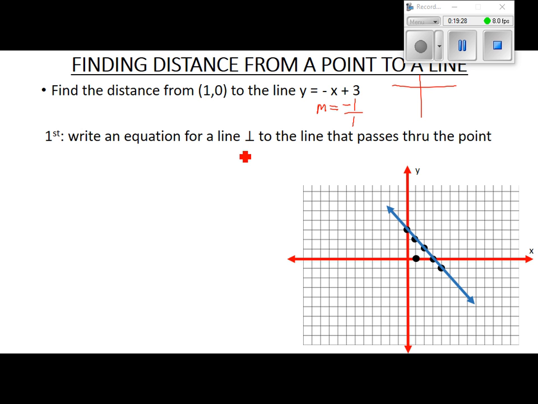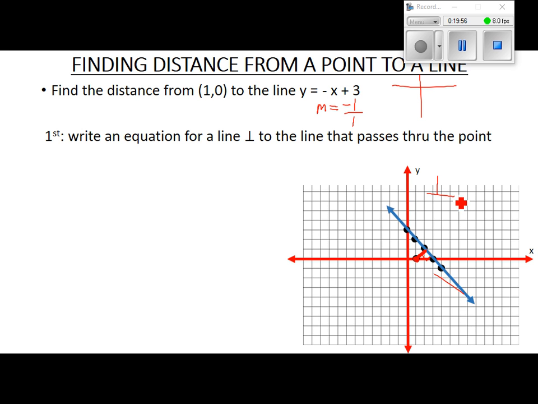Now the whole thing, what we're trying to do here is find the distance from this point to this line. Do we want the distance to come down here somewhere? No, it's got to go over here, and what's it got to form? Right. A right angle right there. So we know this new segment that we just drew has to be perpendicular to the original line.